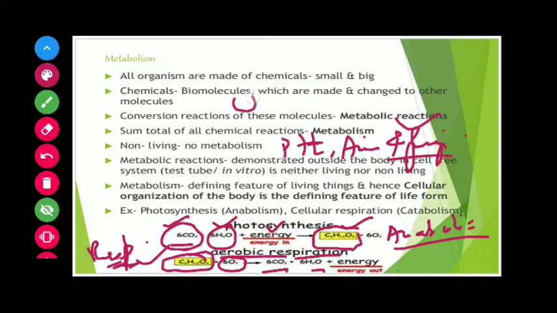While in case of unicellular organisms, all sorts of metabolic reactions including catabolic and anabolic reactions take place inside or within a cell. Okay, now non-living objects do not exhibit metabolism, so that's why it is the defining feature of life forms. They do not show reactions, but these occur outside in the cell-free system.